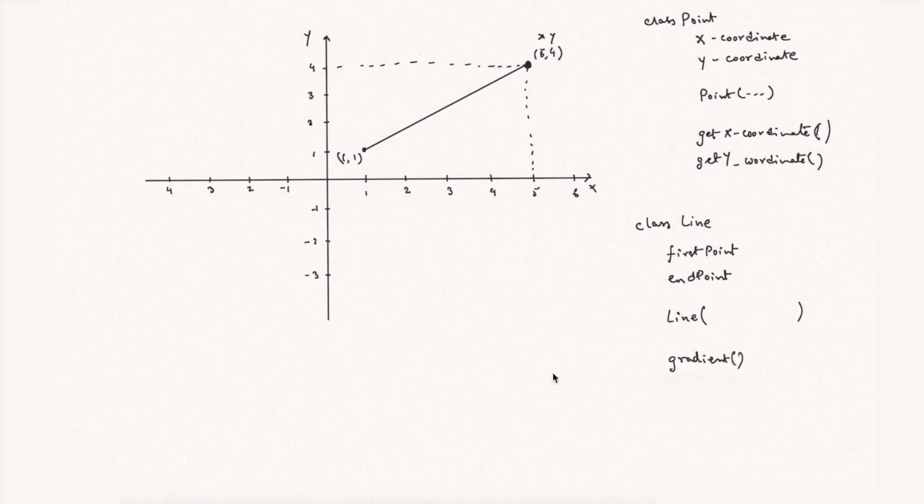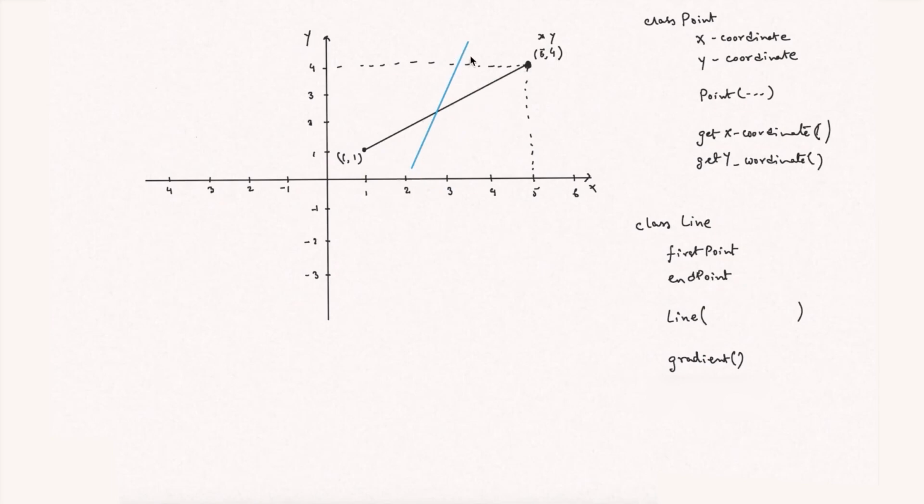What is a gradient? Let me just explain that very quickly. A gradient is basically just how slanted a line is compared to the two axes, right? So let's say if you have a different line, like that, this line's gradient would be higher than this line's gradient because this line is less steep than this line.